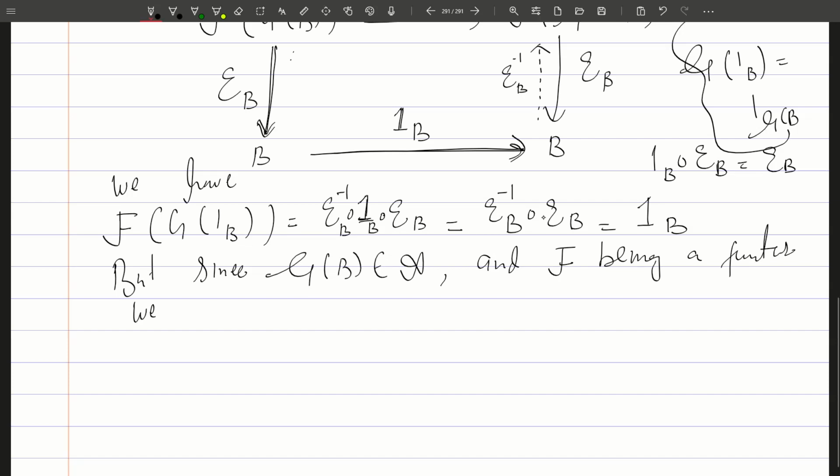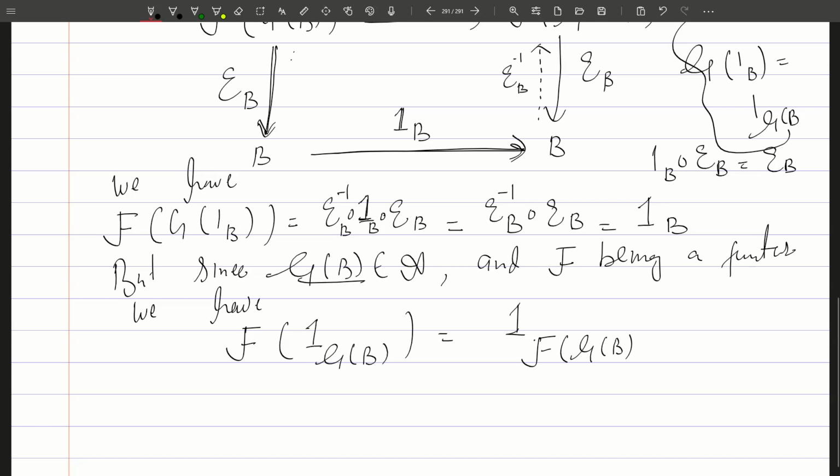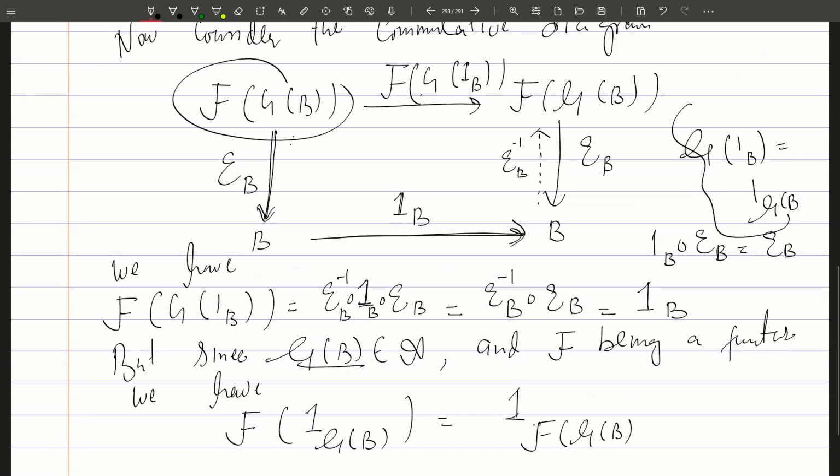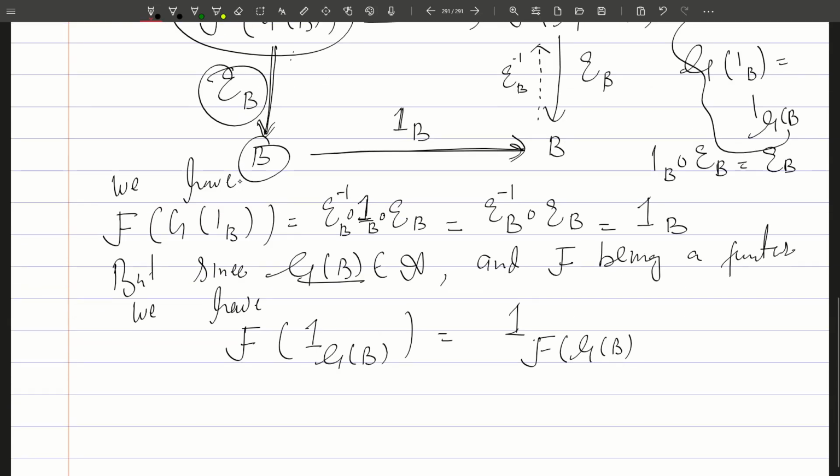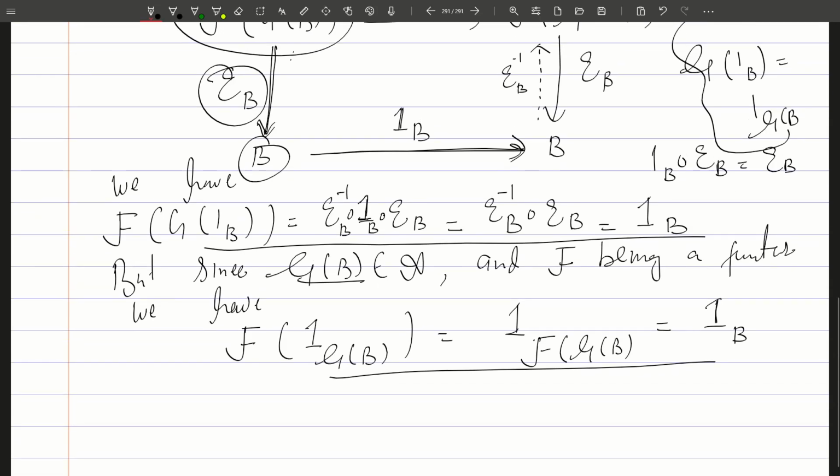Since we know a functor preserves identities, F carries the identity on this object to the object 1 sub F of G of B. But 1 sub F of G of B is isomorphic to B via this isomorphism, so you can identify this as the identity on B. So using these two expressions, we come up with the argument.